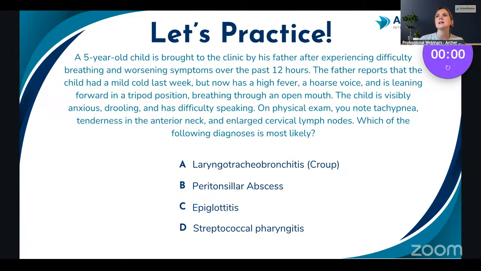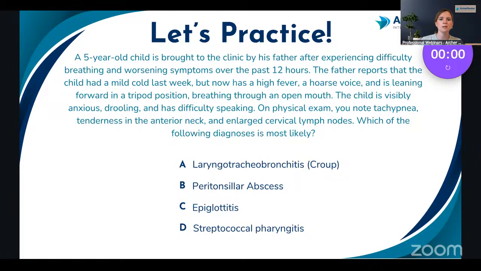Red flags: he's breathing with an open mouth, and he's got super severe inflammation. This child is visibly anxious, probably because they can't breathe well, drooling, and have difficulty speaking. On physical exam, you note tachypnea, so they're breathing faster. They've got tenderness in the anterior neck and large cervical lymph nodes. Which of these is the most likely diagnosis?